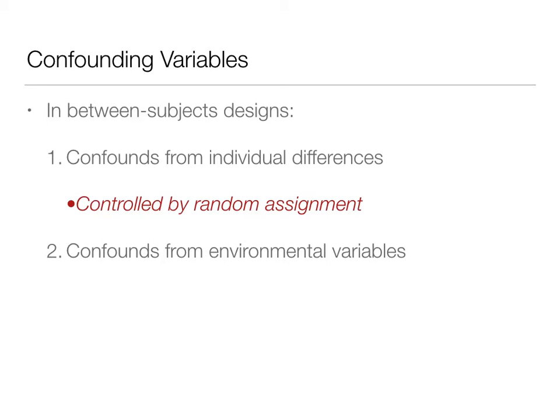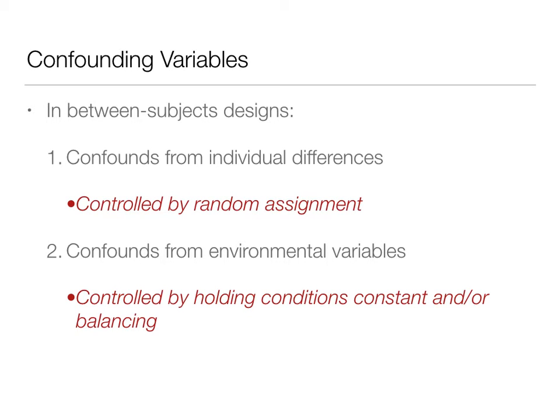We also have confounds from environmental variables. And so this is everything else, right? These are all those extraneous variables that could become confounding variables. What we control those by is holding conditions constant and/or balancing them depending on what they are. Okay, so if it's something that we can keep the same, we're going to keep it the same. That's ideal. If it's something that we can't keep the same, well, then we'll work with that. So if you're doing a study and you can't for some reason do it in the same room every time, well, then what you'll do is you'll balance that between the conditions.